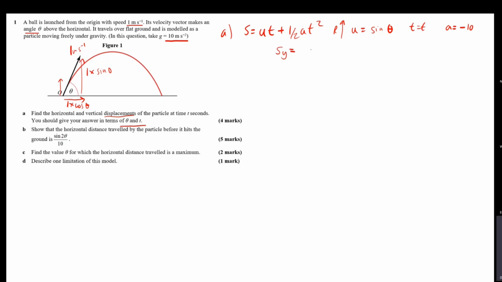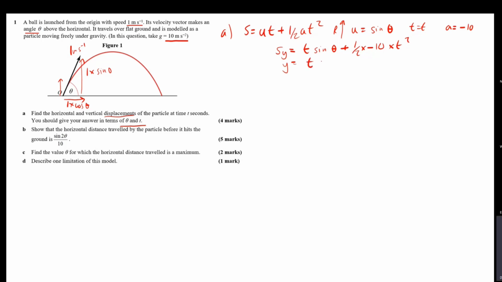So we get u, which is sine theta, times t. So that means we can just substitute that in and say that's t sine theta plus a half times minus 10 times t squared. So that's simplified, and you can just call that y, the vertical displacement. You could just leave that sy or y, but just because that s looks like a 5, I'm just going to write y here.